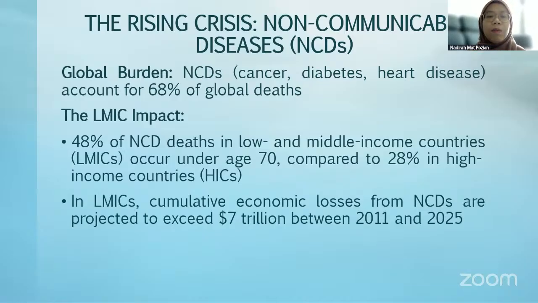In low and middle income countries, cumulative economic losses from NCDs are projected to exceed 7 trillion between 2011 and 2025. So we can see here, NCD is not just affecting health or mortality, it's also affecting the economy of the countries.